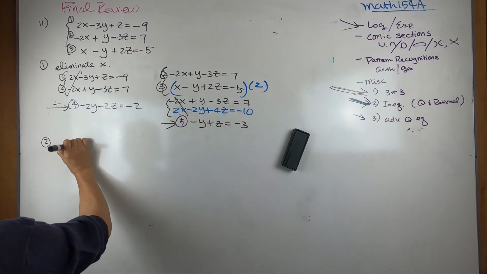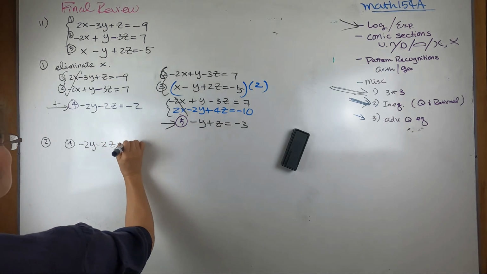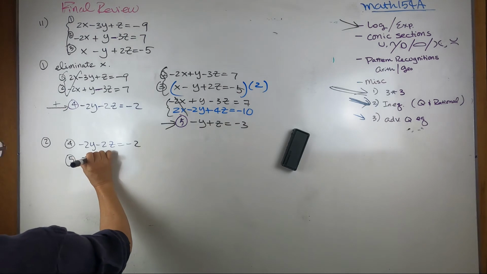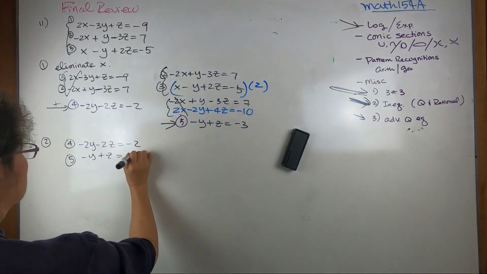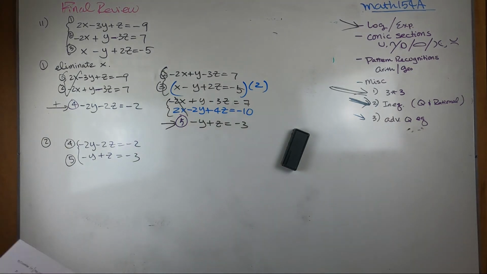Okay, so fourth equation, x is gone, right? So this one, negative y plus z equals negative 3, right? Then you can decide which one you want to eliminate. So either y or z, right?